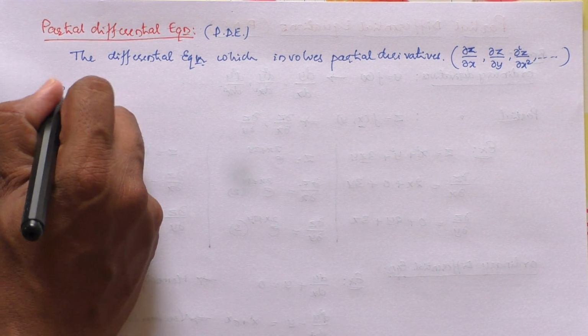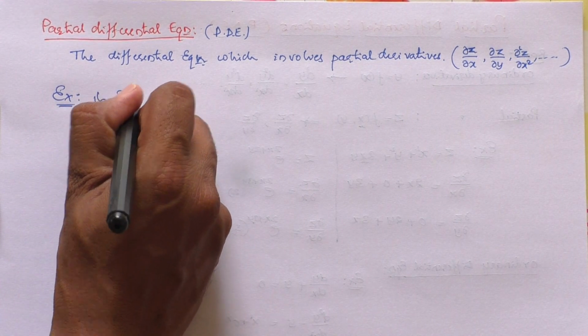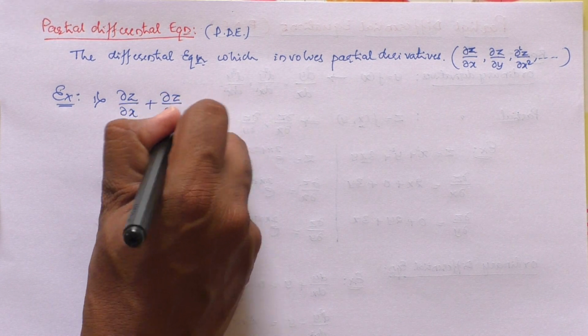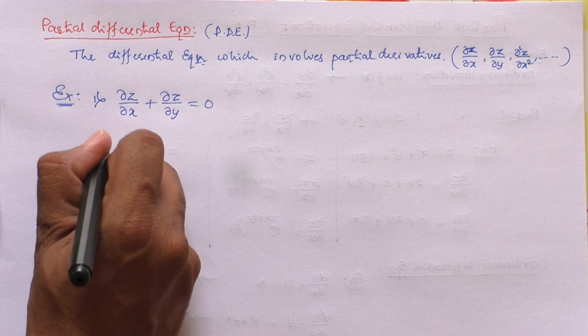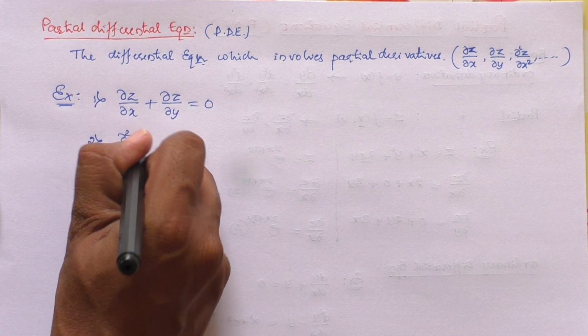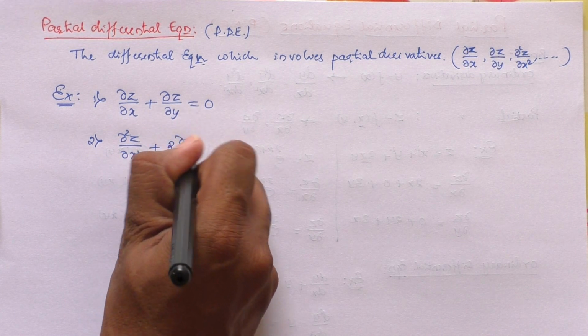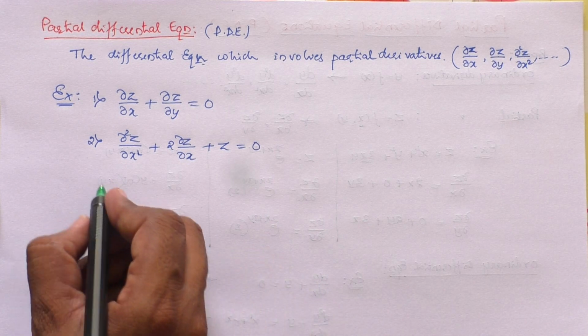For example, let us consider these examples. Dou z by dou x plus dou z by dou y equal to 0. So it is also a partial differential equation. Another example, dou square z by dou x square plus 2 dou z by dou x plus z equal to 0.